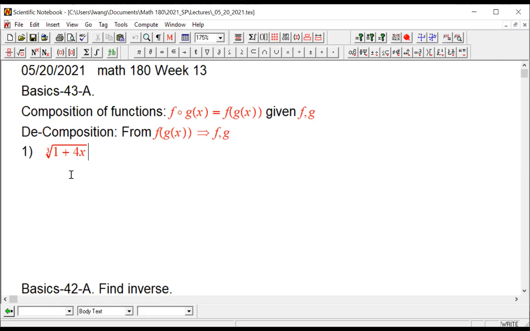I want you to practice, so you'll be ready, so you will not have those tremendous difficulties when you are learning chain rule and applying chain rule. I hope. So this function is actually already composed.